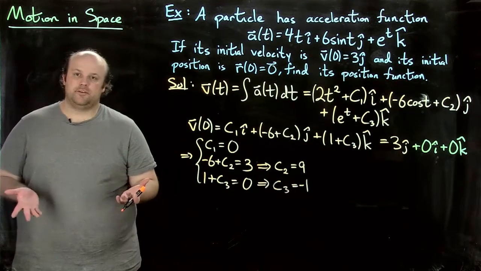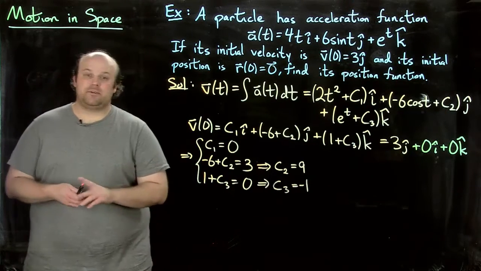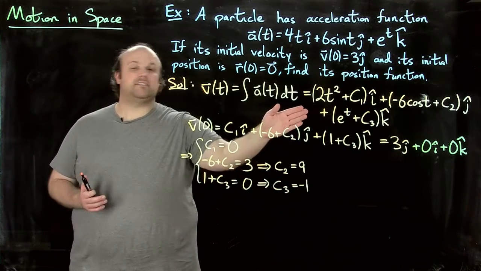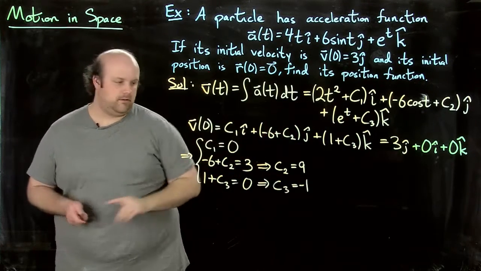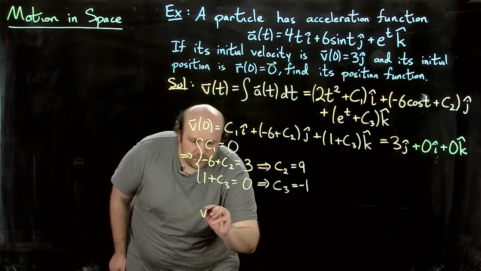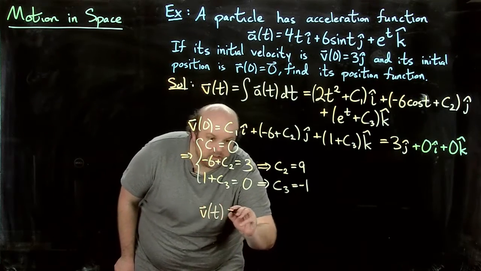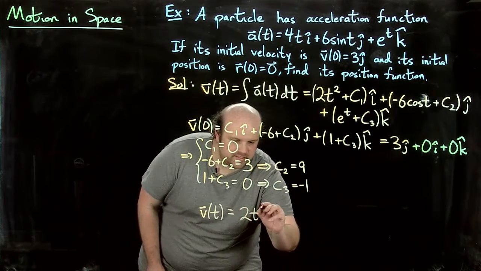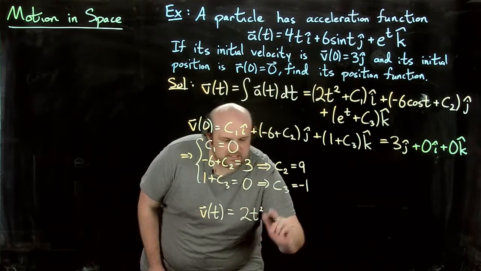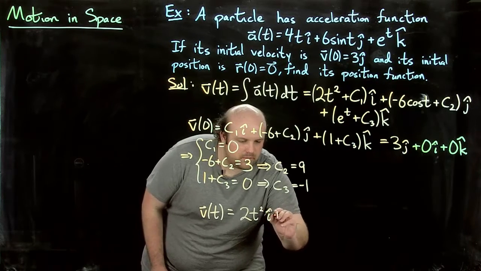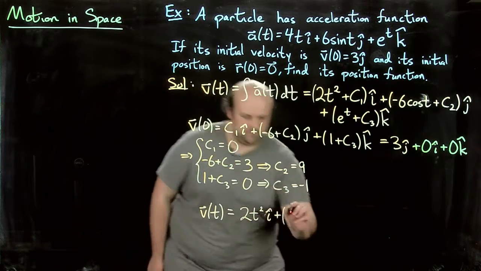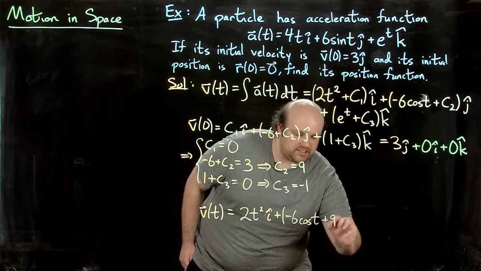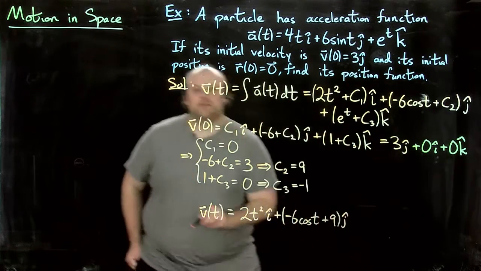Right? No big deal here. So now what we do is we take these three, c1, c2, and c3, and plug it back into the velocity function we found up here. Right? So v of t is 2t squared i plus negative 6 cosine of t plus 9 j, right?